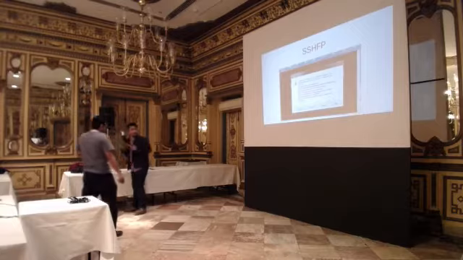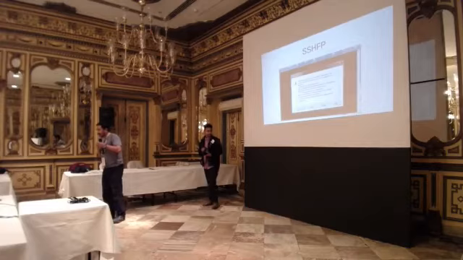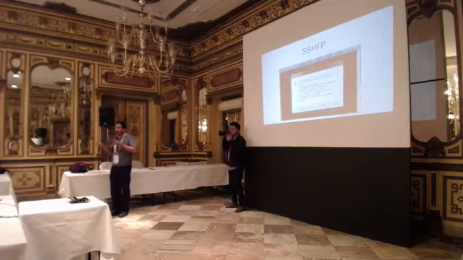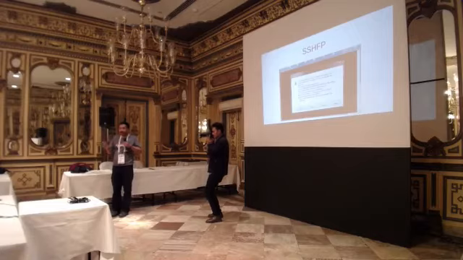So I'll just give a brief introduction about SSH, like how does it work? It works over a public key infrastructure. It has two different keys, one public key and one private key.